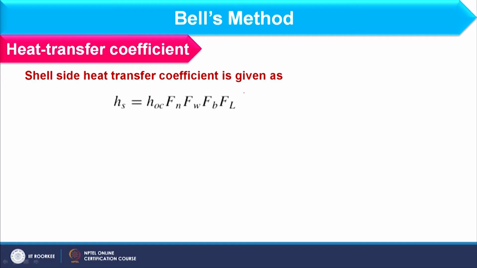Bell's method initially considers the shell side coefficient on an ideal tube bank. It means whatever heat transfer is occurring on this tube and on that tube, it is not affecting each other.